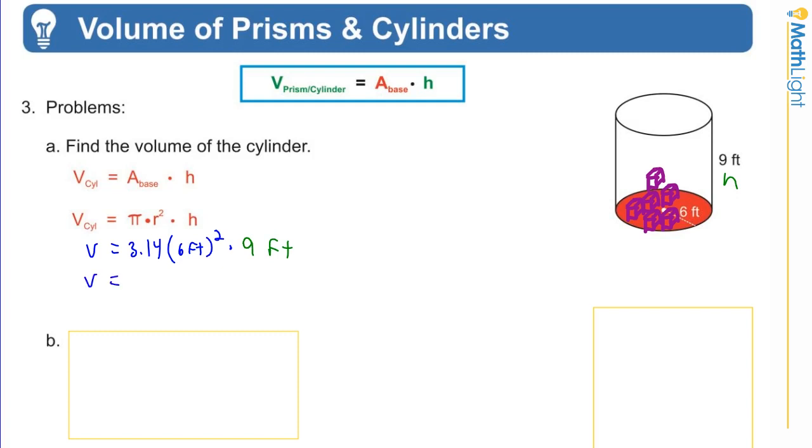Remember, order of operations: evaluate all exponents first, then multiplication, division, left to right, addition, and subtraction, left to right. 6 squared is 36. I'll multiply that times 3.14, and I'll multiply that times the 9 feet. All right, and hopefully you're punching it in your calculator as well, and you punch all this out, and we've got 1017.36. What are our units? Cubic feet, feet cubed.